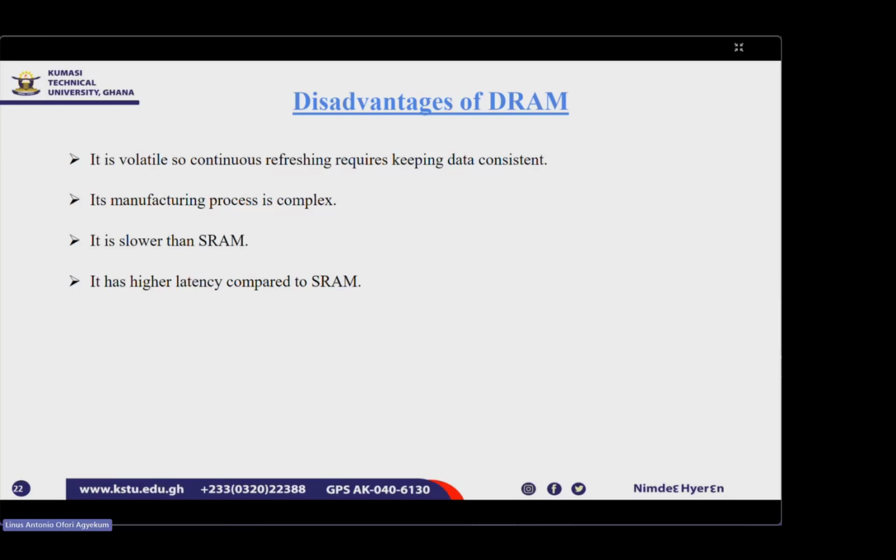However, it is also complex to manufacture. It is slower than the SRAM, and it has high latency compared to the SRAM. So kindly take note of that.